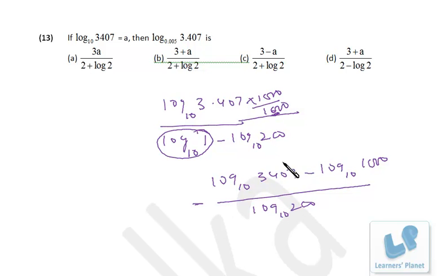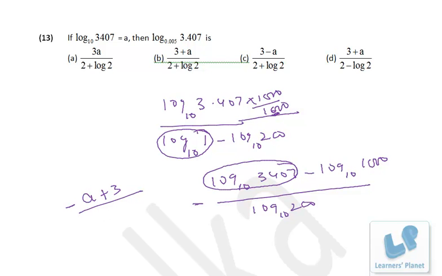Now this is actually a. 10 cube is 1000, so this is 3. So this is a minus 3. I'm sorry, minus of a minus 3, so it's minus a plus 3.